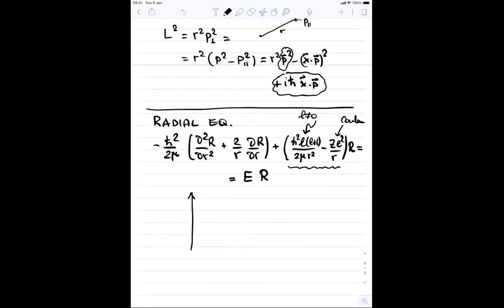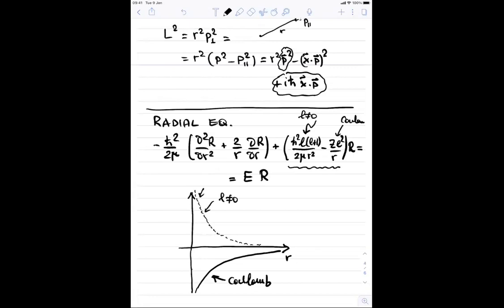If I plot versus r, the distance from the origin, the Coulomb potential is attractive and it goes to minus infinity when r goes to 0. This is Coulomb. Now, if L is different from 0, there is an extra diverging contribution, which I plot here. This is for L different from 0, and it goes like 1 over r square.